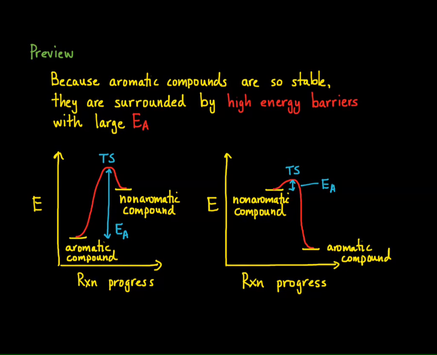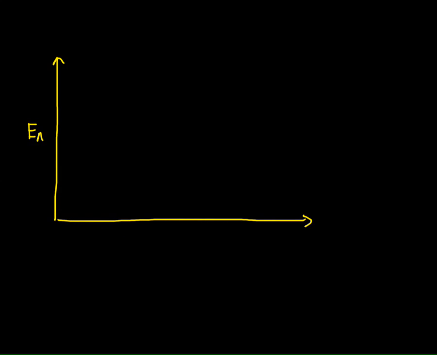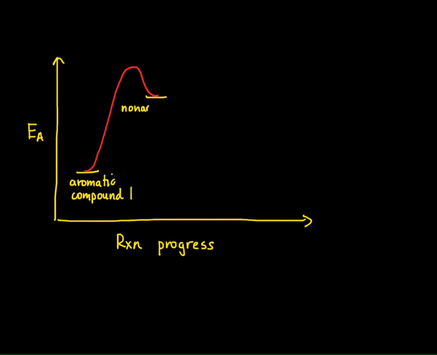In this chapter, we're going to essentially be combining these two steps. And what we're going to see is that when you react an aromatic compound, we'll label it compound 1, it goes to a non-aromatic intermediate, with high activation energy.